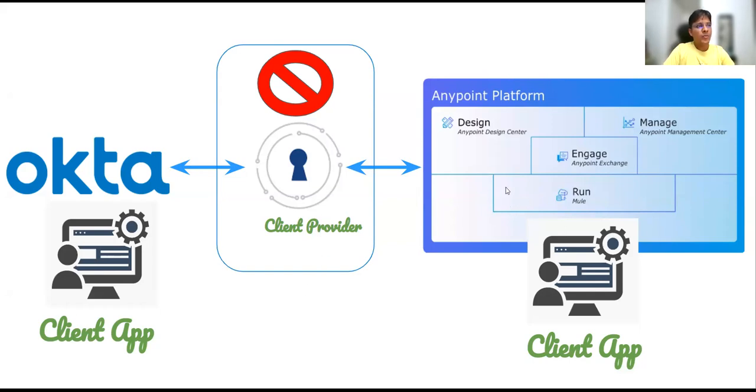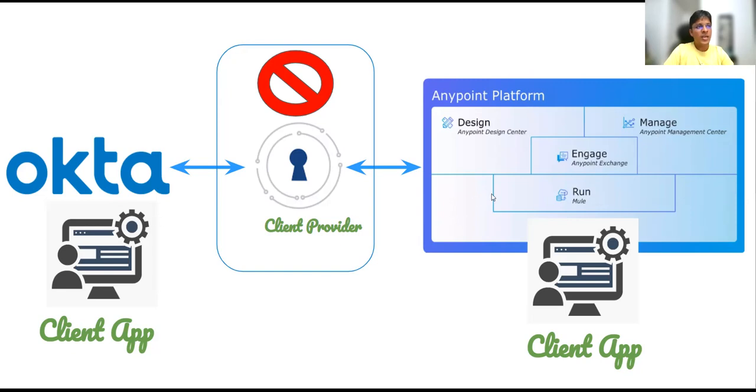Now, if I want to apply any policy on my API and do a client validation, I should have that client application created in my Anypoint platform in Exchange. That means somehow I need to create a client application with the same credentials which are there in the external client provider.